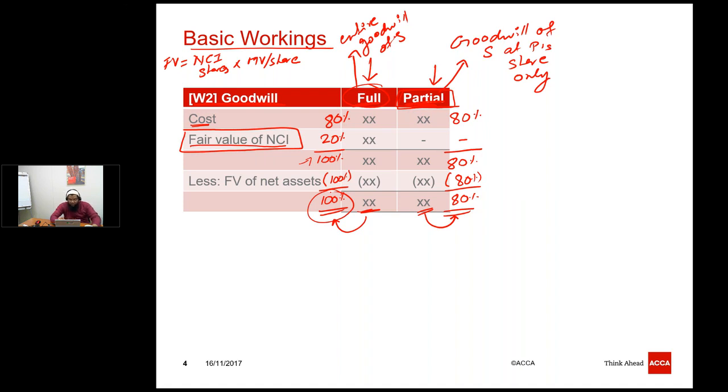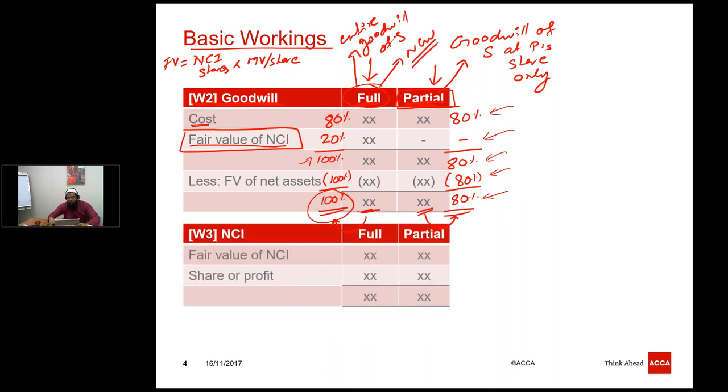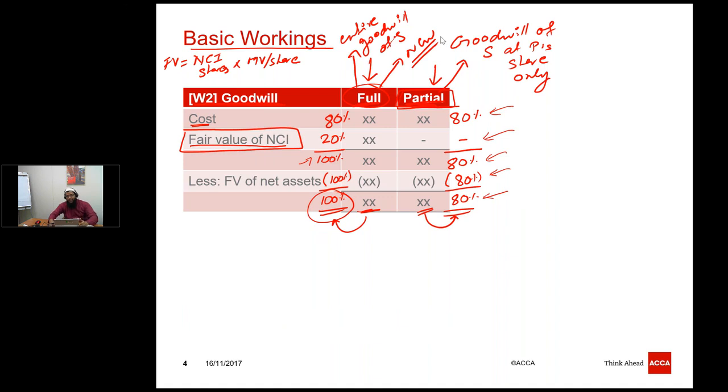But in case of a partial goodwill method, we are going to use cost relating to parent only, and we are not going to add the fair value of NCI. This way the cost will become 80, the net assets will be 80, and the goodwill will be 80. Now actually full goodwill method is the new goodwill method because it shows, I would say, a more true and fair view, because when all of the assets of the subsidiary are consolidated at 100%, the goodwill should also be consolidated at 100%.